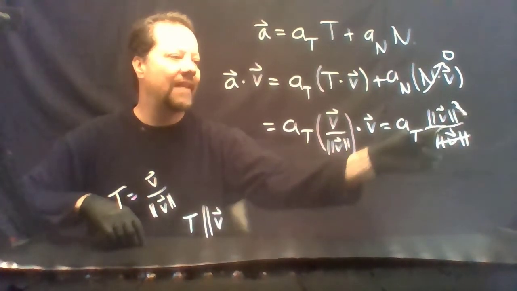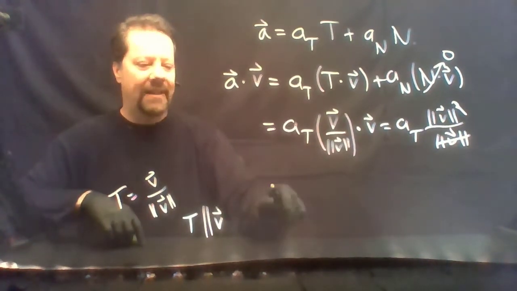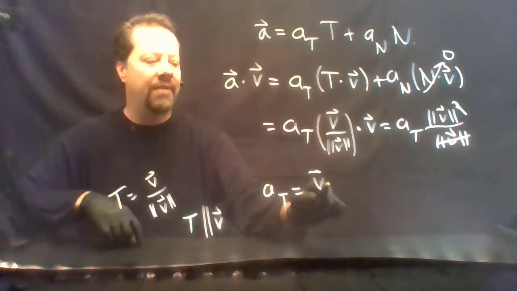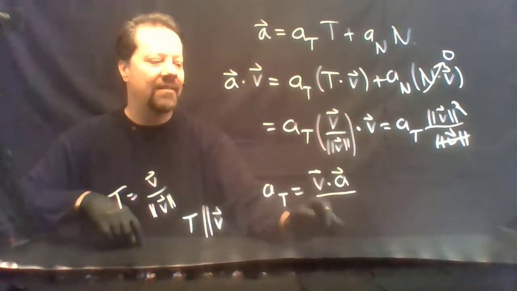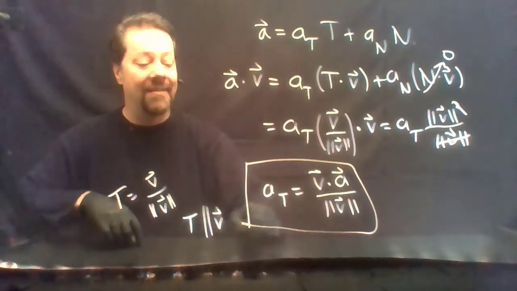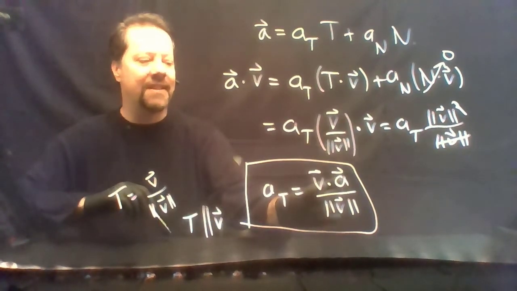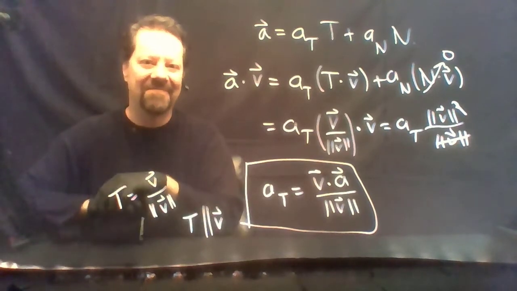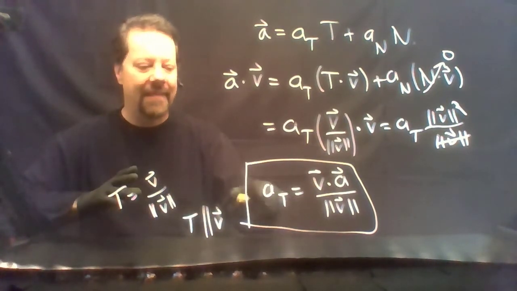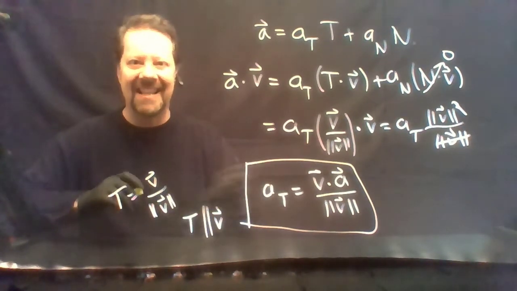If we cancel and then solve for the tangential component of acceleration, I'll rewrite this as V dot A over the norm of V. Now this is a very simple formula to calculate. It just involves a dot product and a norm. It is less clear from this formula that the tangential component is related to changing speed, but it's easy to calculate.